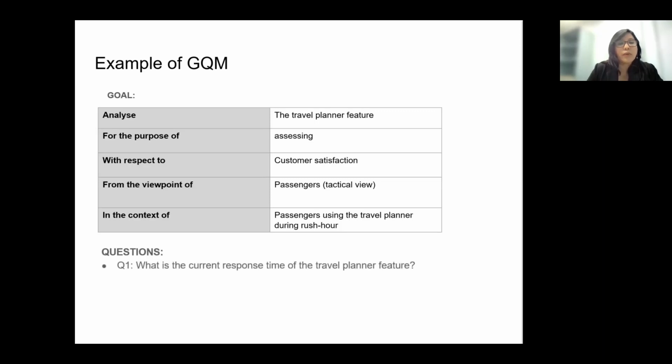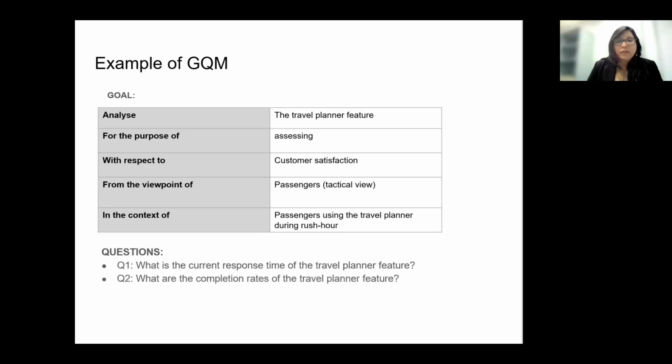For example, we had one question: what is the current response time of the travel planner feature? This question is to understand more about the travel planner feature itself. We are not just directly measuring or answering a question regarding customer satisfaction. We are first formulating questions related to the object, to understand the object more.